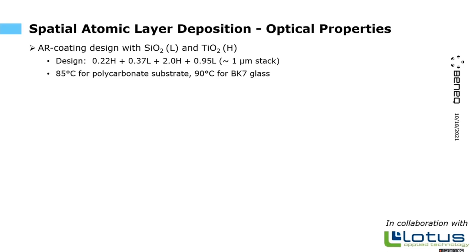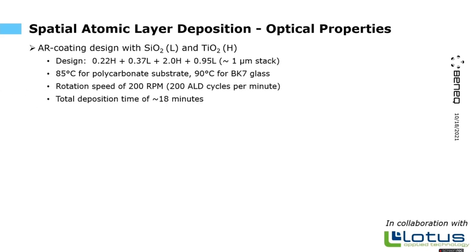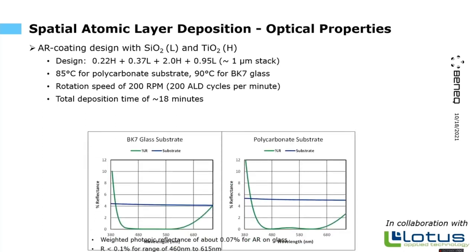So one example here is an anti-reflection coating. Based on this design here, the stack thickness is roughly 1 micrometer, deposited at 85 centigrade on polycarbonate and BK7 glass substrates. The rotation speed in the system has been 200 RPM, and the total deposition time for this example stack is roughly 18 minutes.